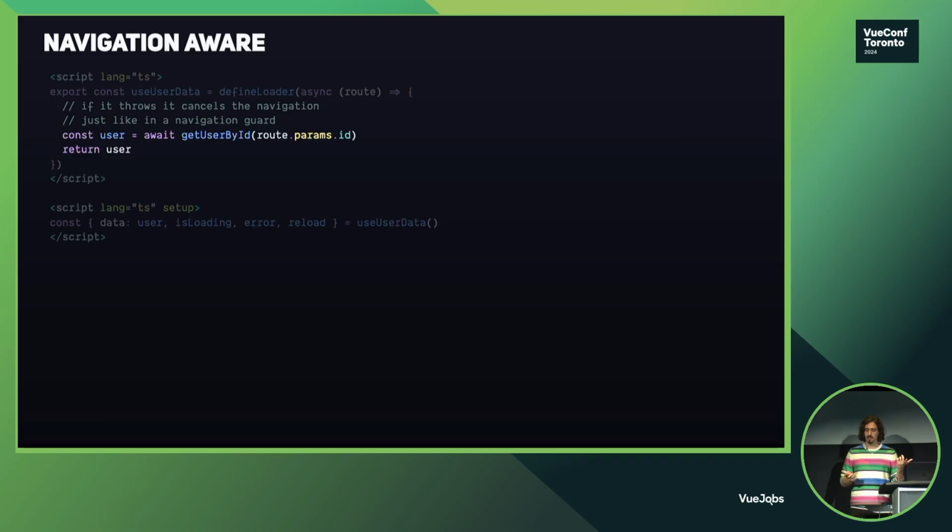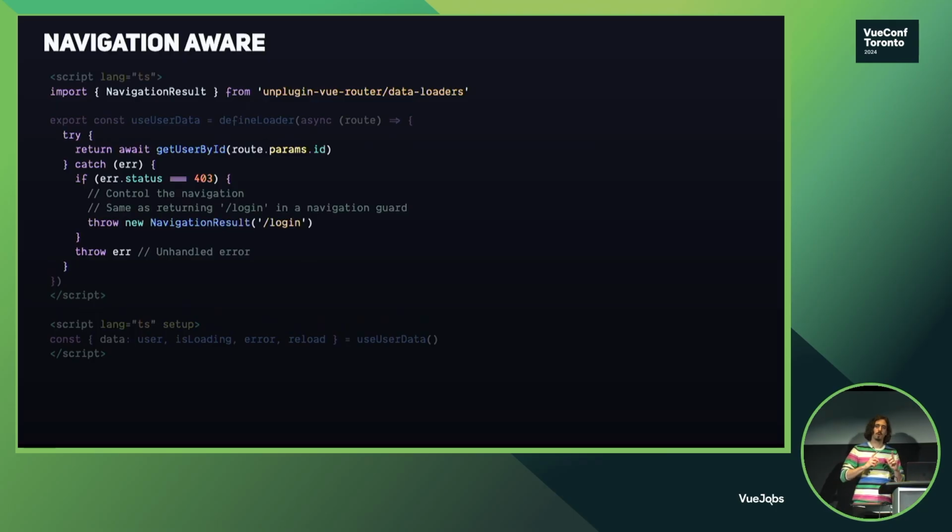So first of all, if the loader throws, that's an error, the navigation is canceled, the error propagates up, and we can display that in a boundary upwards. But differently from regular navigations, if we want to control the outcome of the navigation itself, for example, redirecting or just aborting the navigation with return false, we cannot just return false or return the new location, /login.